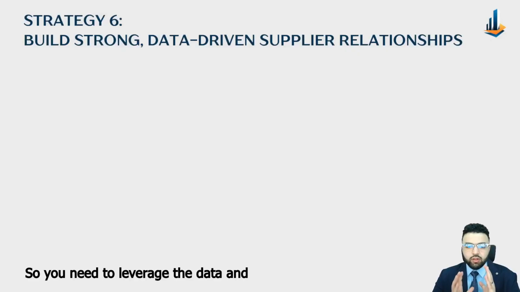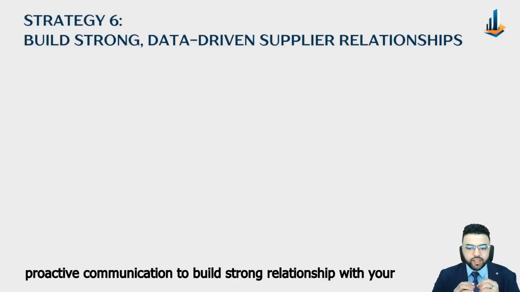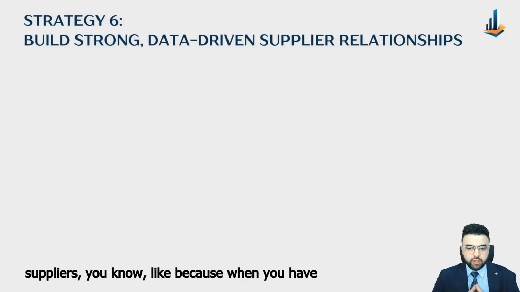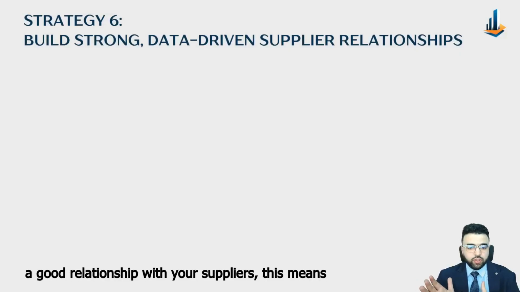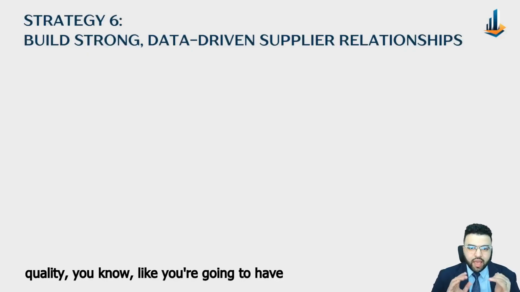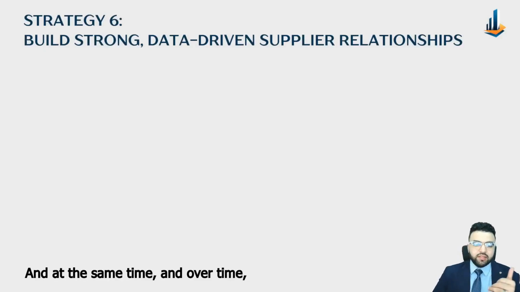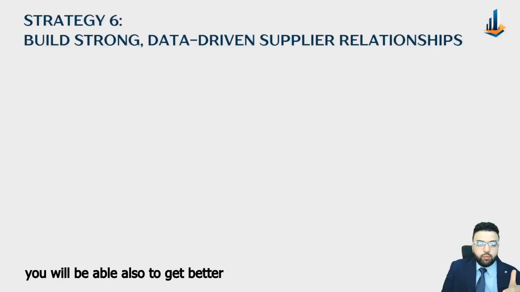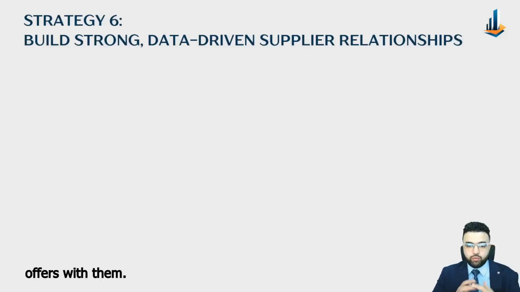So you need to leverage data and proactive communication to build strong relationships with your suppliers. When you have a good relationship with your suppliers, you're going to have consistent food quality, consistent delivery, and over time you'll also be able to get better offers from them.